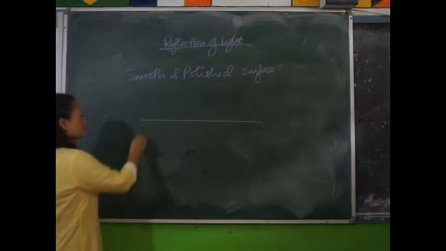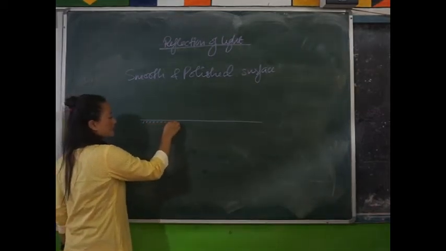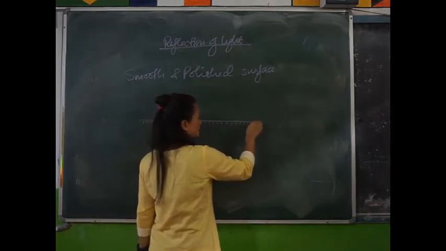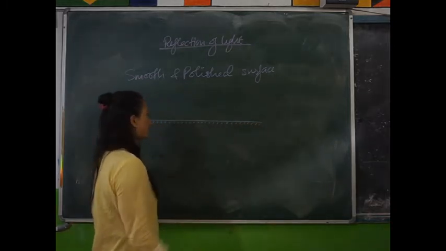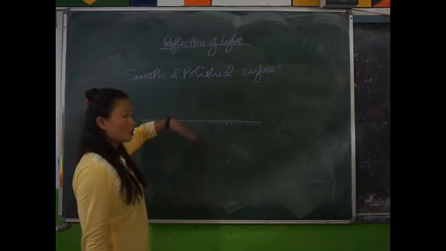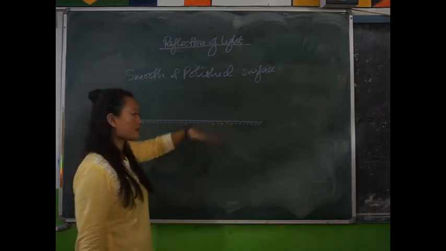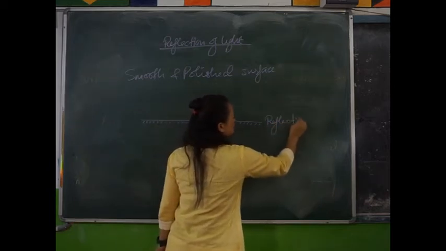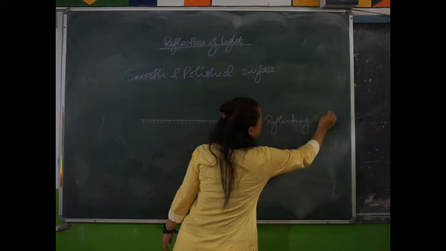Okay, see, this is your mirror, and the line that I'm drawing is the surface which is coated at the back, and the surface at the top, the glass surface, is called your reflecting surface.